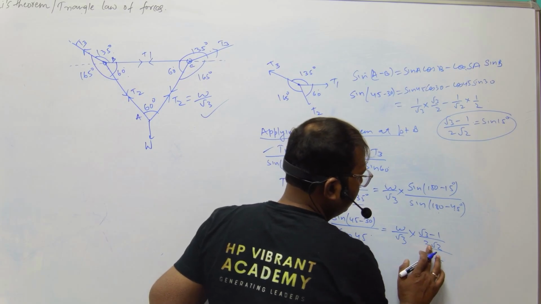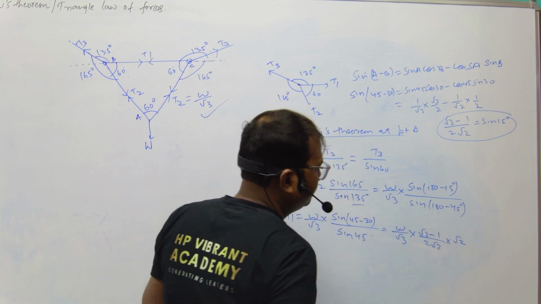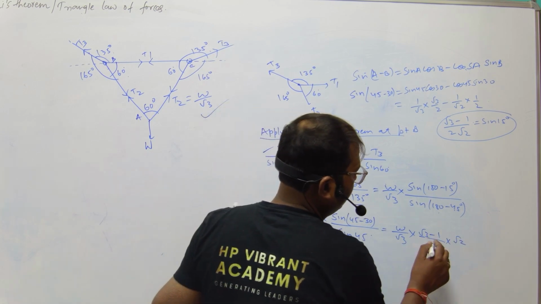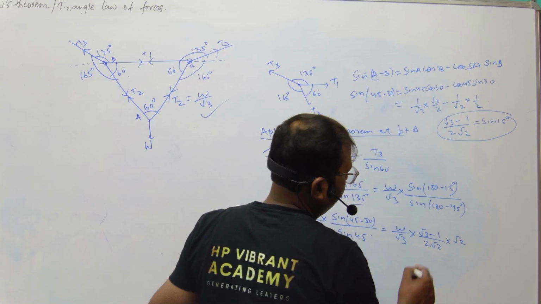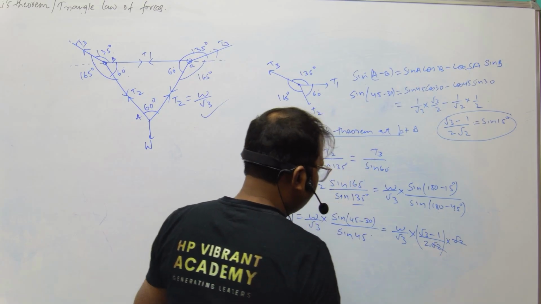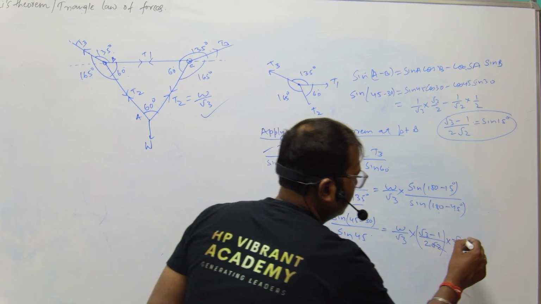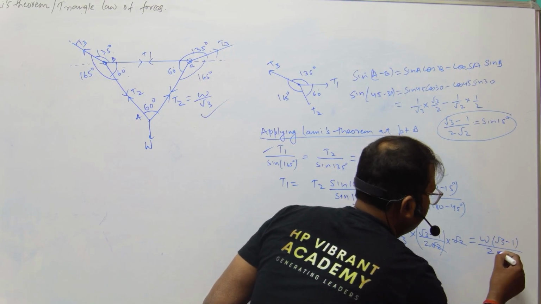So this will go on top, this is root 2. So root 2 gets cancelled and T1 is equal to W times root 3 minus 1 upon 2 root 2.